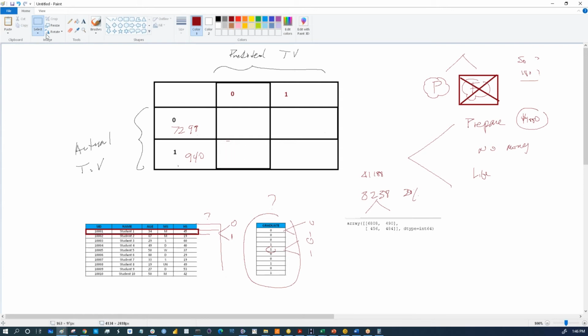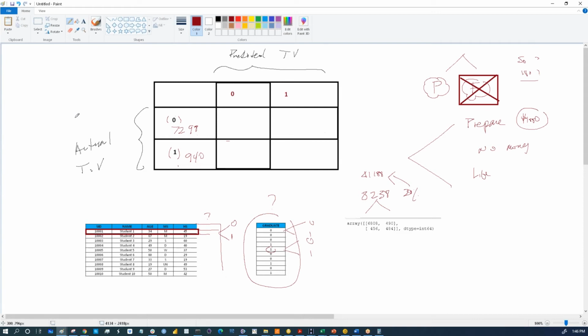Okay, folks, so we got 8,238, which is 20% of 41,188. Out of this 8,238, we got 7,298 zeros, and we got 940 ones. Is it clear at this point?